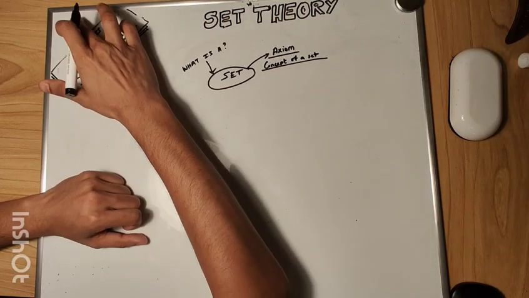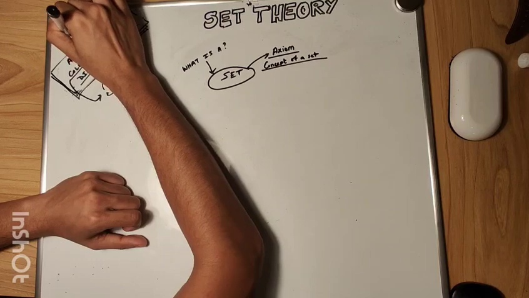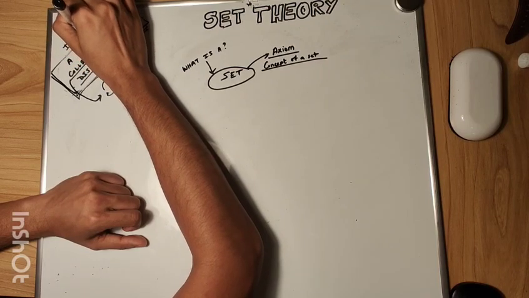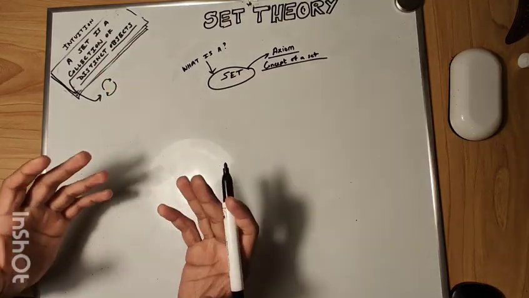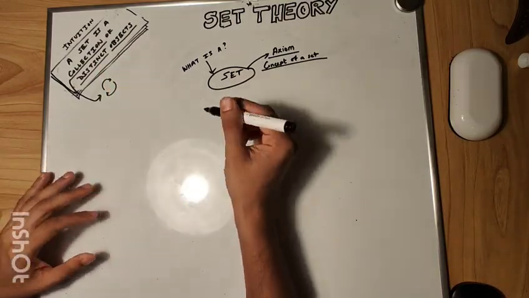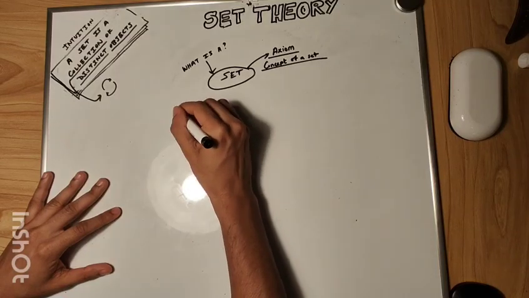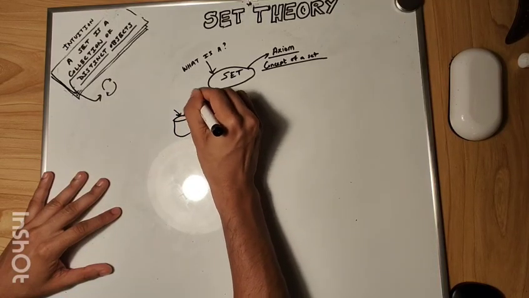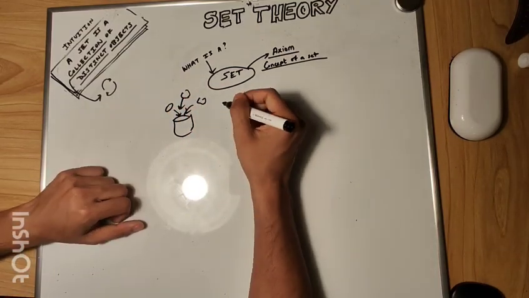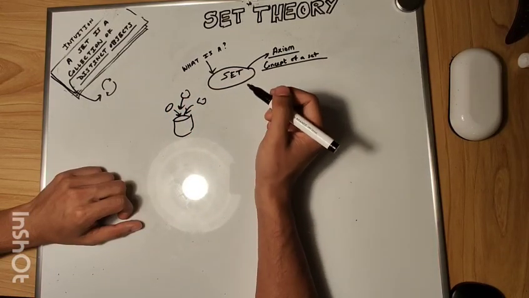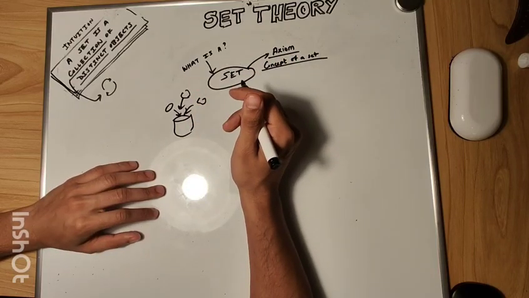So now, instead of looking at this as a definition, we are going to treat it as intuition. And I love that, because now we kind of get a feel for what a set is. It is essentially a container in which we can put different objects. And that is exactly what a set is, honestly. In terms of concept, in terms of an idea, that is what a set is.